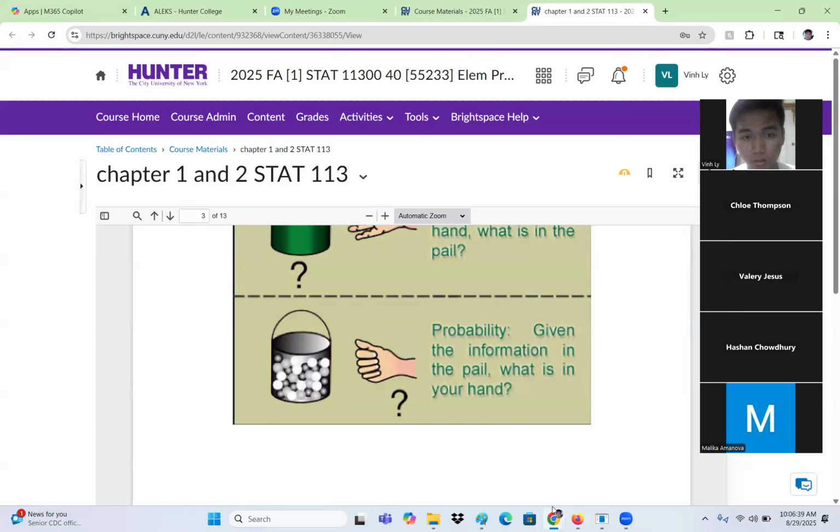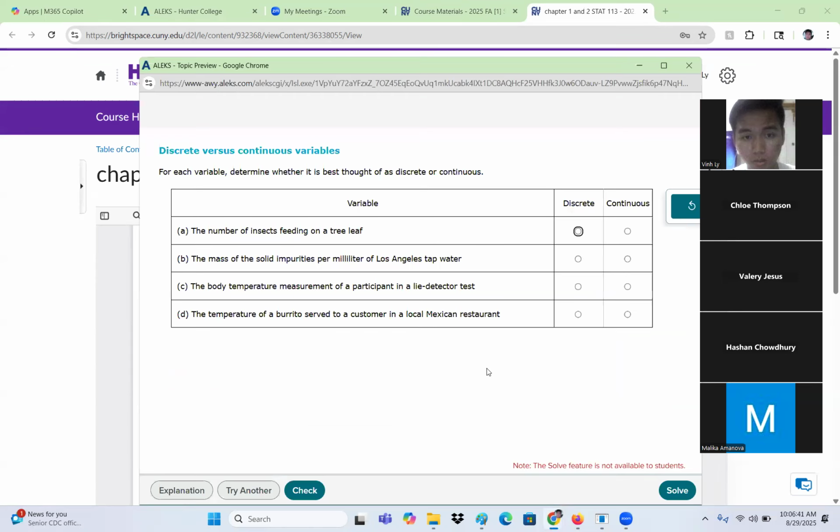If you haven't done it, let me just start with the definition. Discrete data is basically countable, and so we can count a number of items, say one, two, three, four, five, six, seven. We call this discrete.